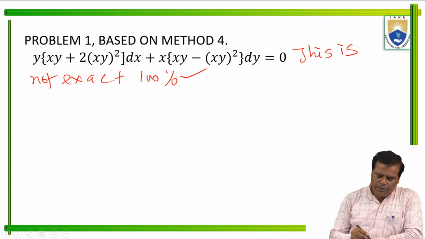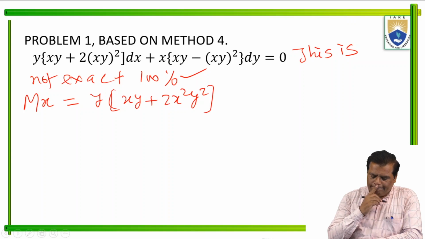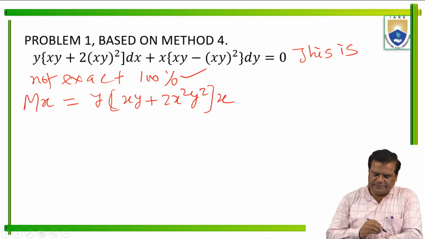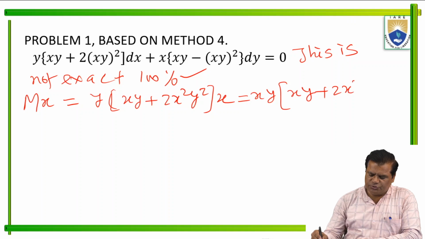Now mx equal to, m is y into xy plus 2x square y square, into x. So here xy in bracket, xy plus 2x square y square.